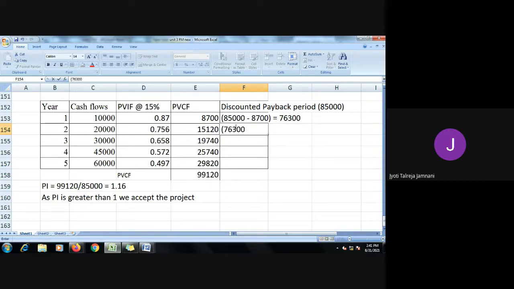Second year, 76,300 minus 15,120. 76,300 minus 15,120, 61,180 you get.